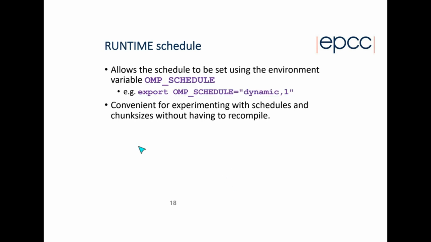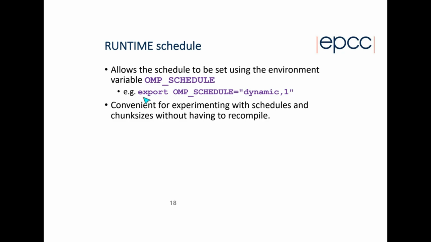And then finally, runtime. It's not really a different option. What it does is allow the schedule to be set using an environment variable rather than encoded in the code itself. The relevant environment variable here is OMP_SCHEDULE.